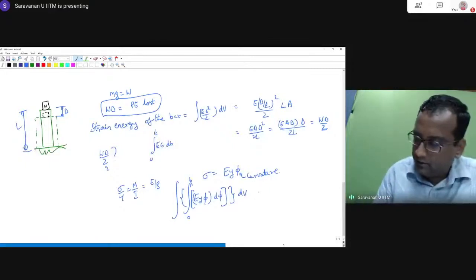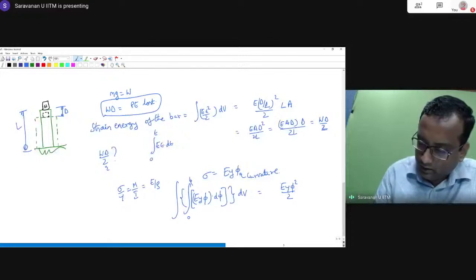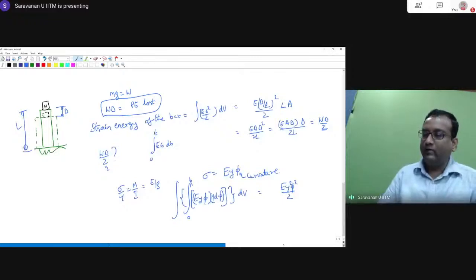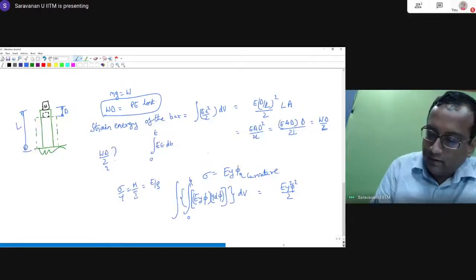So this will be E y phi square by 2. Y d phi is a strain. Strain was minus y d square delta y by dx square, right? This is the curvature phi.